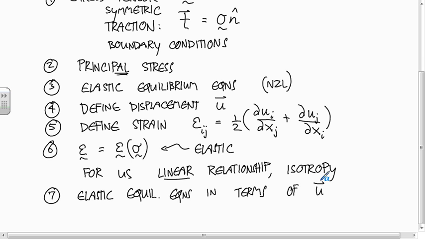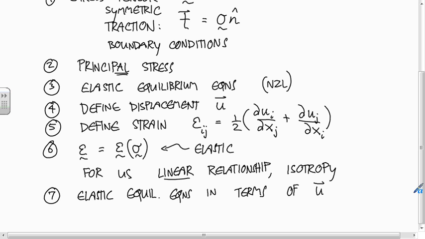And even though these elastic equilibrium equations are super complicated, we will see that we can at least use them to verify answers that we know to be true from D-form. So hopefully that'll just help you kind of wrap your head around how these equations work, what these equations mean.